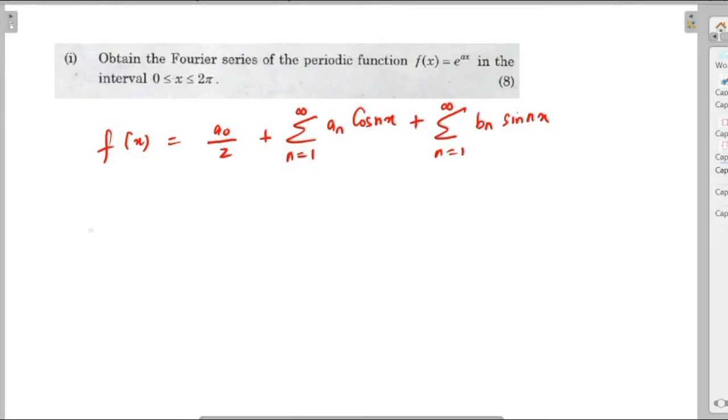where a naught equal to 1 by pi integral 0 to 2 pi f of x dx.